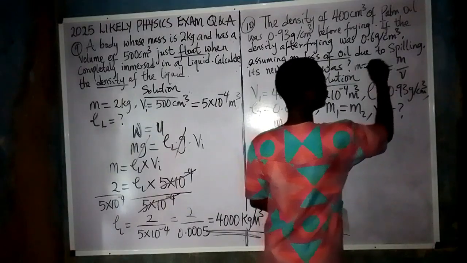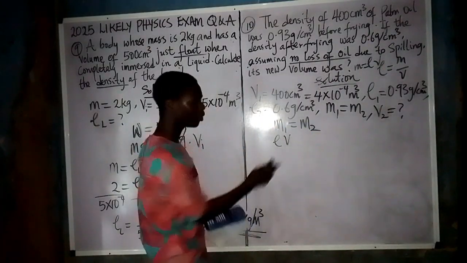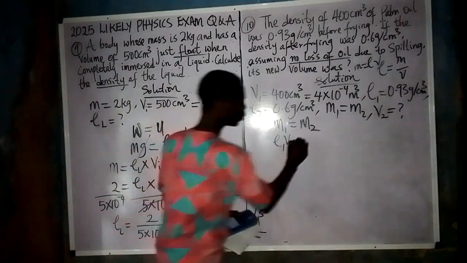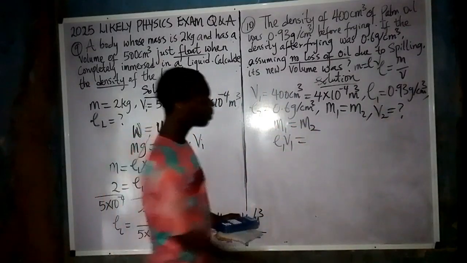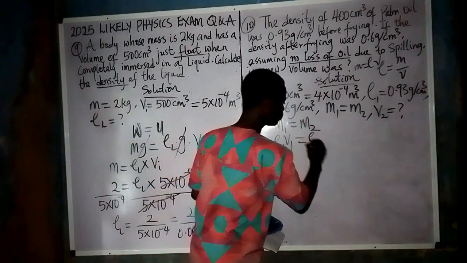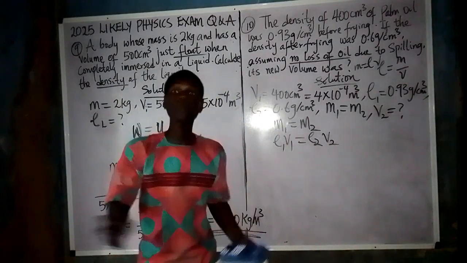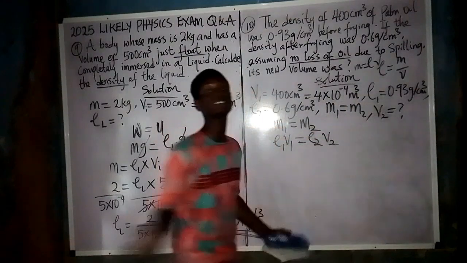P times V, is it not? So in place of M, I can say PV. But on this side, P1, V1 is equal to, in place of M, we said whenever you see M, put PV. But because the M is carrying 2, I will say P2, V2. Now, I have succeeded in expanding from what was constant to include what was given.